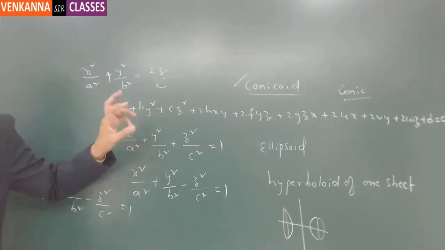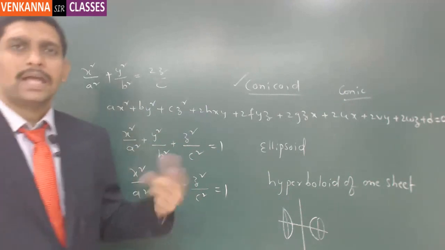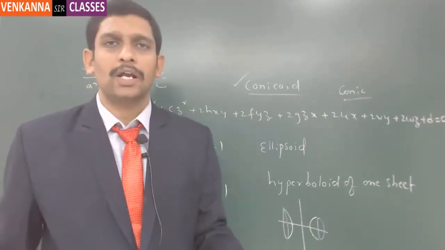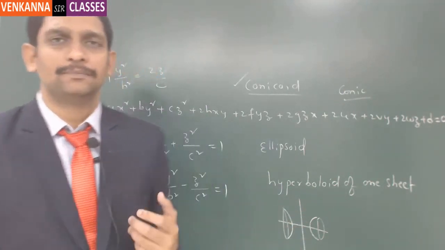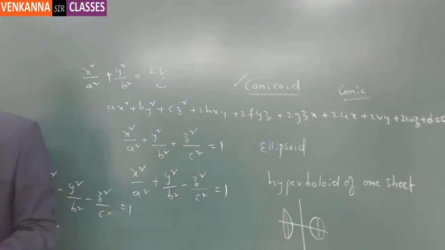So ellipse, hyperbola, parabola, we talk of them as 2D. Ellipsoid, hyperboloid, paraboloid, we talk of them as 3D. They were formed on suitable rotation. Clear? Yes or no?